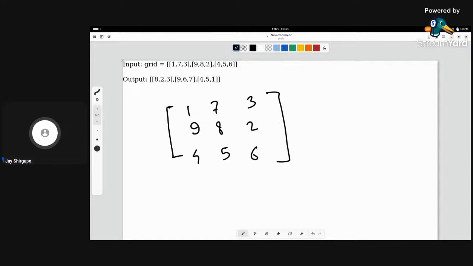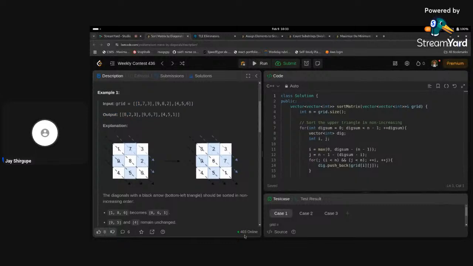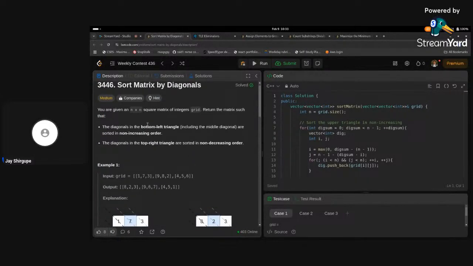If you look at the diagonals of this grid, you have 5 diagonals. According to our question, we had to sort the bottom left diagonals in non-increasing order.